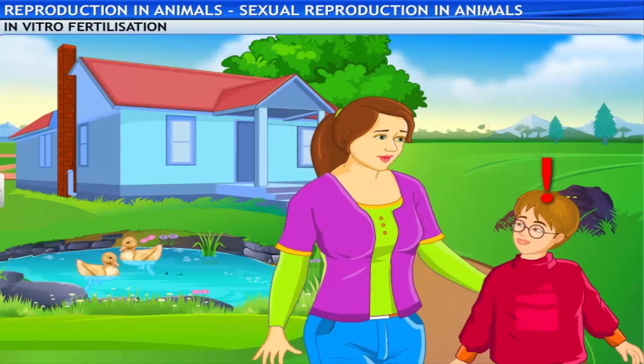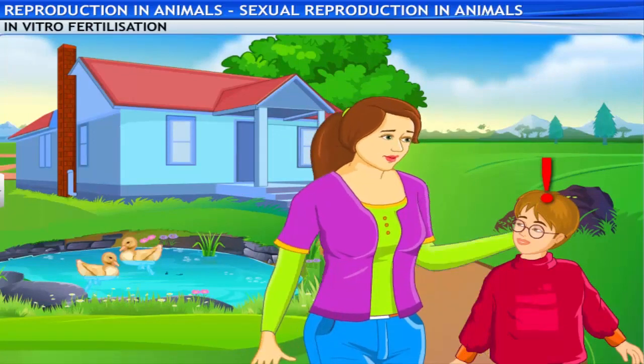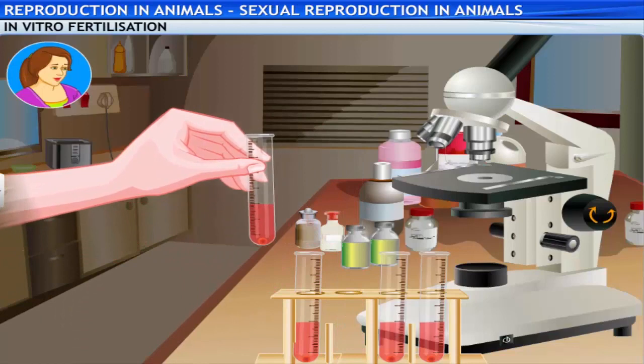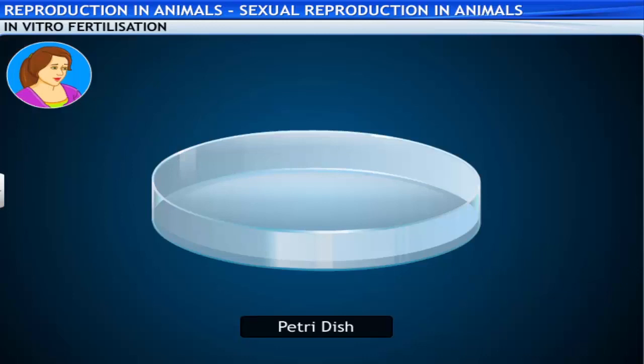Here's another interesting thing. The term test tube babies is actually misleading. Test tubes refer to the tube-shaped containers of glass or plastic resin called test tubes, which are commonly used in chemistry labs and biology labs. However, in vitro fertilization is usually performed in a shallower container called a petri dish.